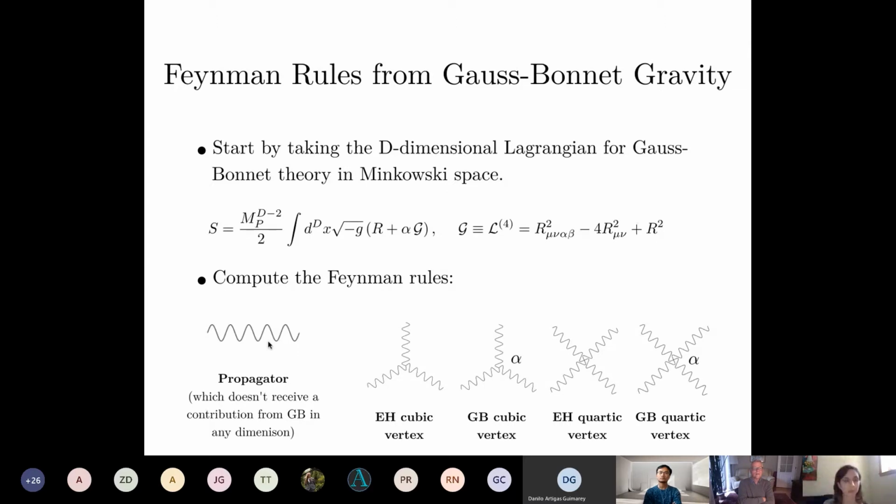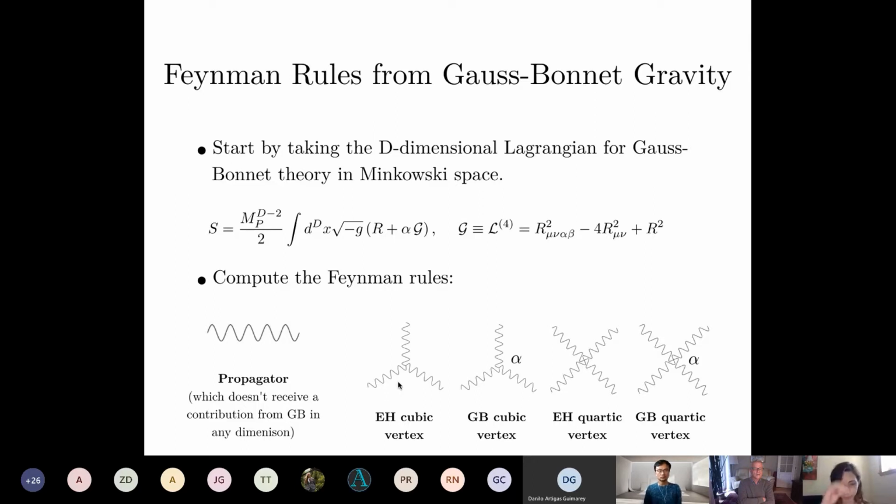Okay. So we start by taking the d-dimensional Lagrangian for Gauss-Bonnet theory, which just has your Einstein-Hilbert term and your Gauss-Bonnet term, and then you expand around flat space, and you can then compute your Feynman rules. And so you'll get a propagator. The propagator doesn't receive any corrections from the Gauss-Bonnet term in any dimension.